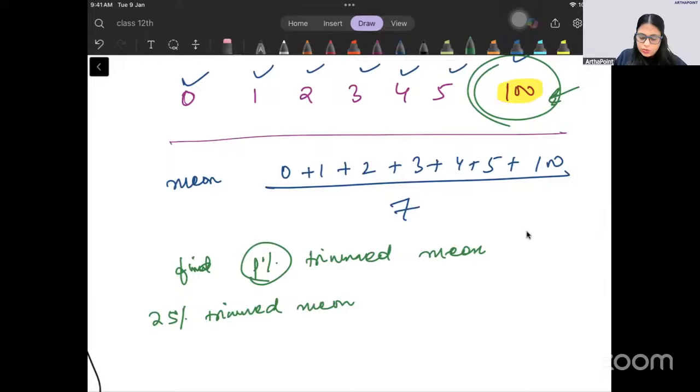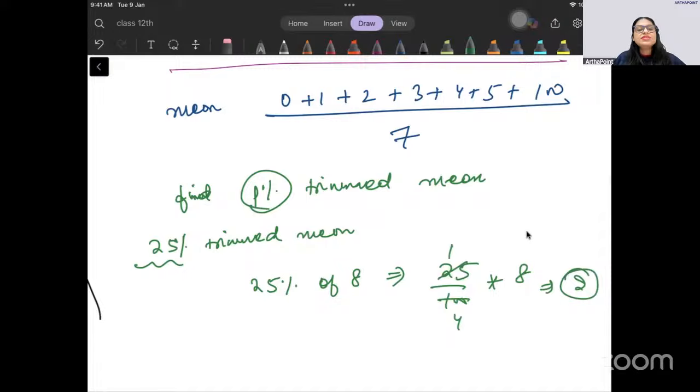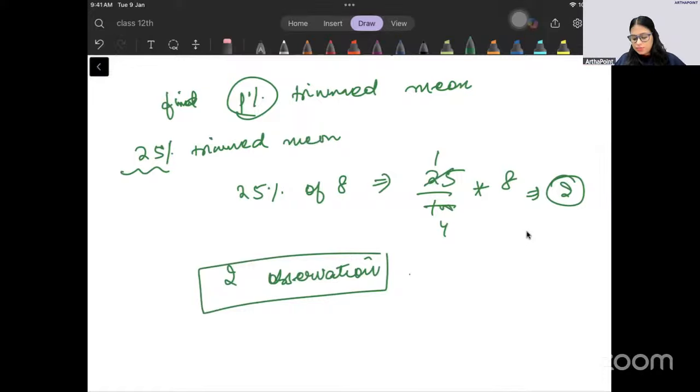So 0, 1, 2, 3, 4, 5, and say I have 0.25 also here. There are 8 observations. So 25% of 8 means 25 by 100 into 8. So it will be 2. That means I have to remove 2 observations. Right? From where? From each side.